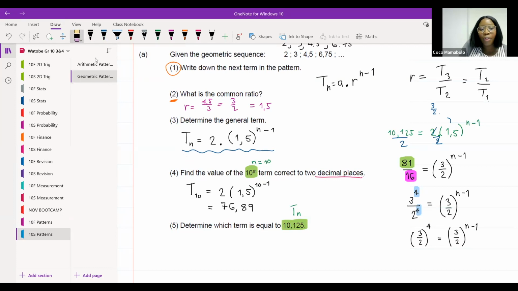If I'm looking for the second term, I replace n with 2, T2. If I'm looking for the 10th term, I write T10. If I'm looking for the 16th term, I write T16. So if they ask us for the nth term, they are asking for Tn. That's what they're asking for.